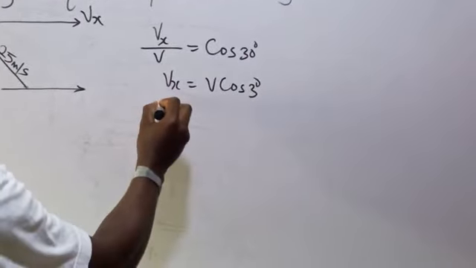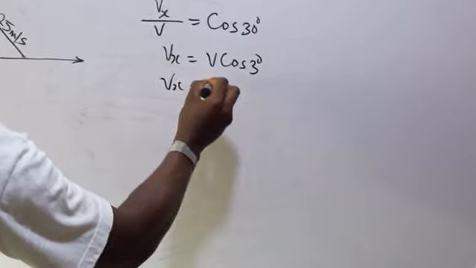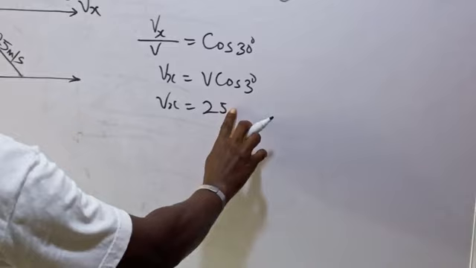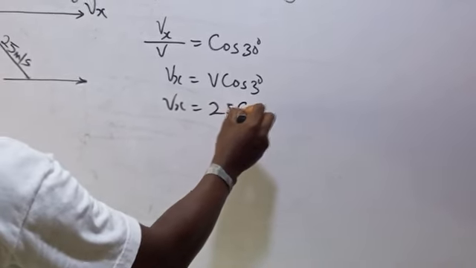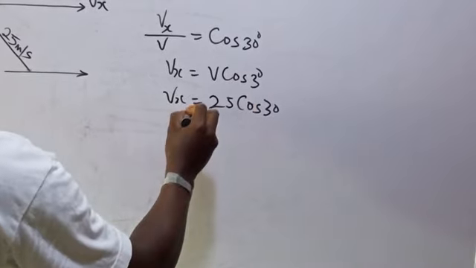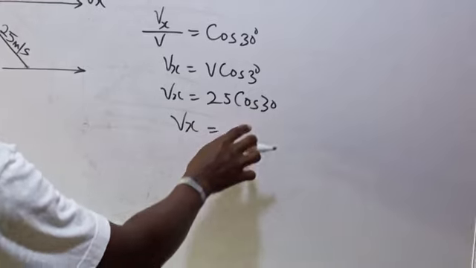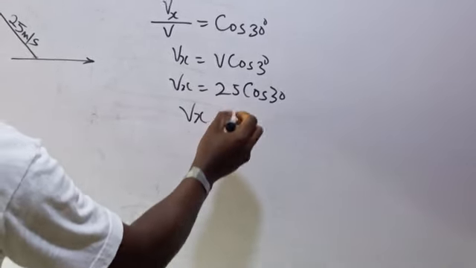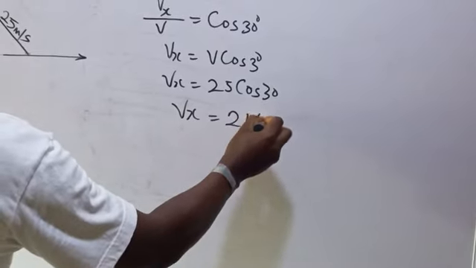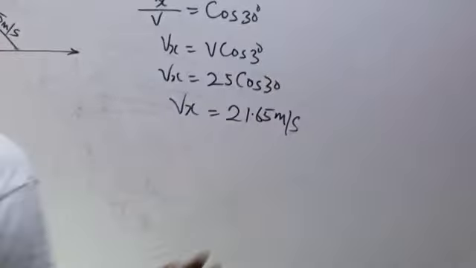The velocity of the swimmer is 25 multiplied by, whether you write the multiplication sign or not, cos 30. If you use a calculator, it will give you 21.65 meters per second. And that is for the x-axis.